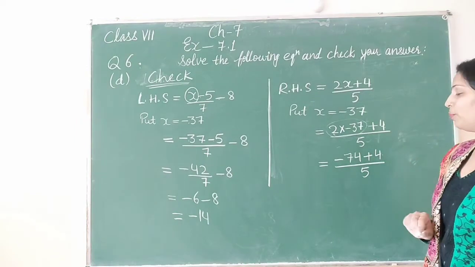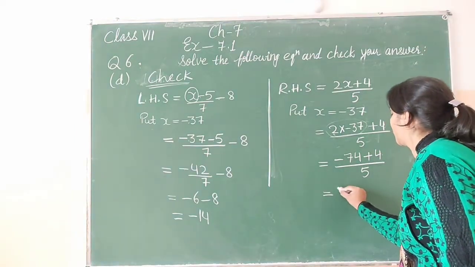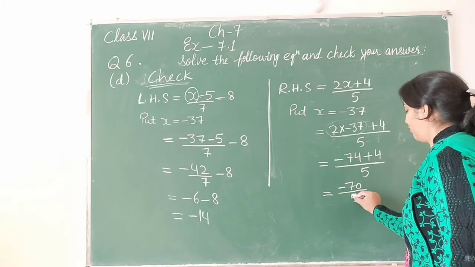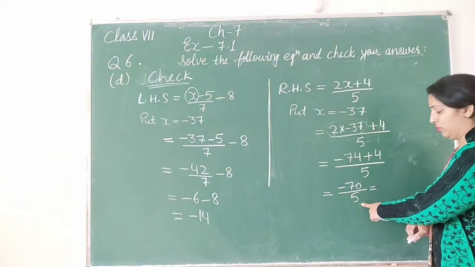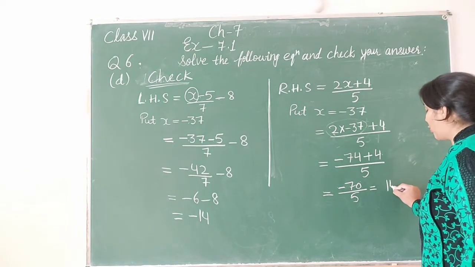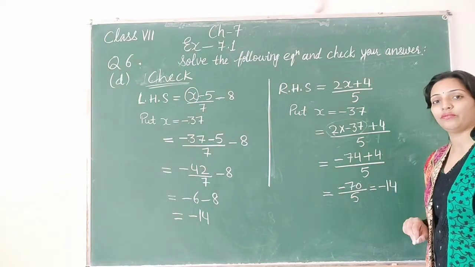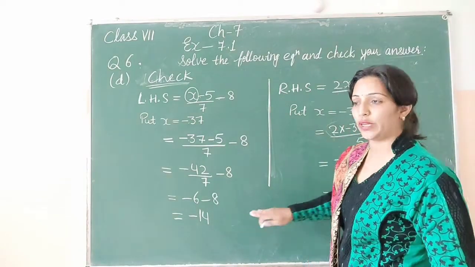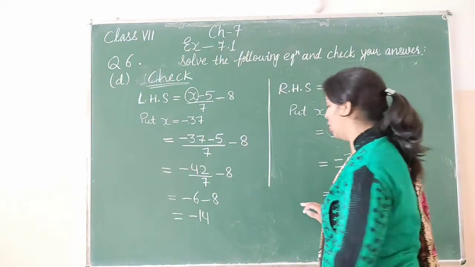Negative 74 plus 4, that is negative 70 by 5. So when we divide 70 by 5, it will come 14. And negative sign was there, so negative will be in the answer. So you can see left hand side is also negative 14 and right hand side also came negative 14.